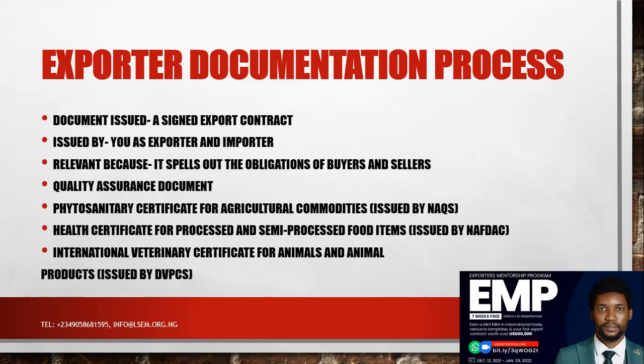You have the phytosanitary certificate for agricultural commodities. Once you have your bill of lading and all that, you go to these organizations and ask them to issue you a certificate for your consignment, for your container. You just go there with the whole information and they'll give it to you.